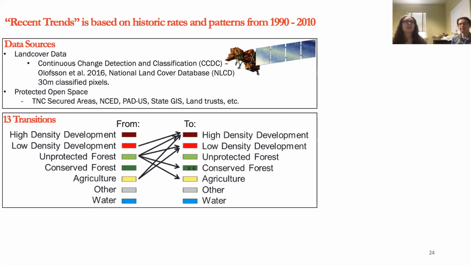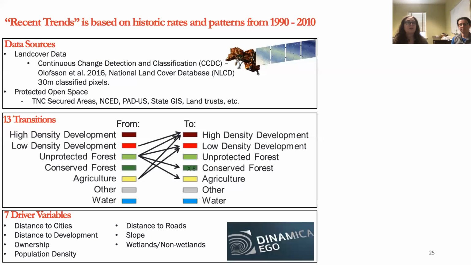So when you compare scenarios, there's no turning of land into water, because that's not a transition that was modeled with these scenarios. It was just these ones shown here. So that gives you the rate of change, how much is turning from one land use to another. And then they also looked at where these changes are occurring.